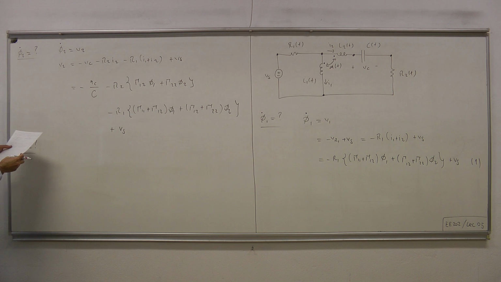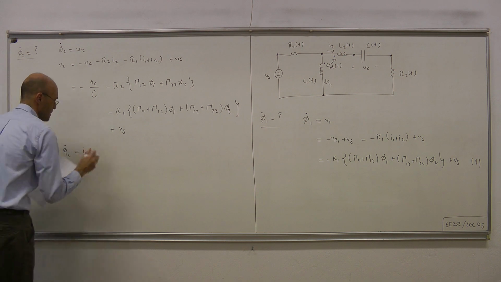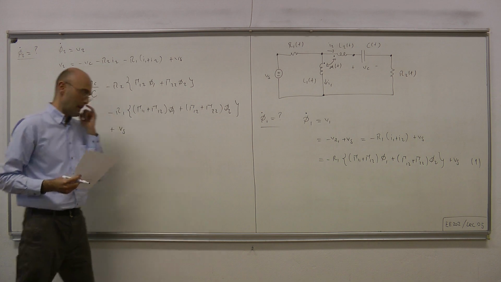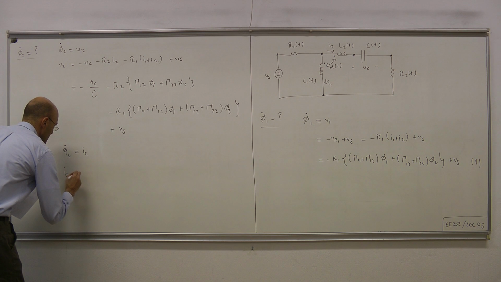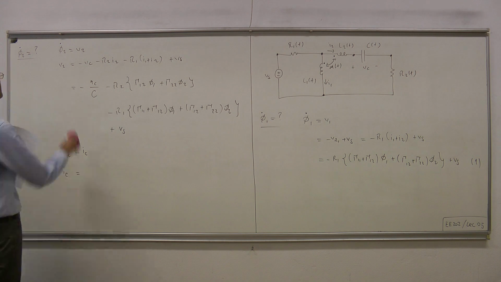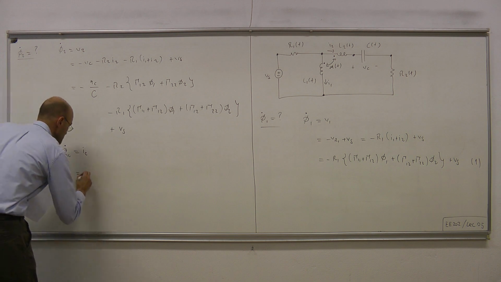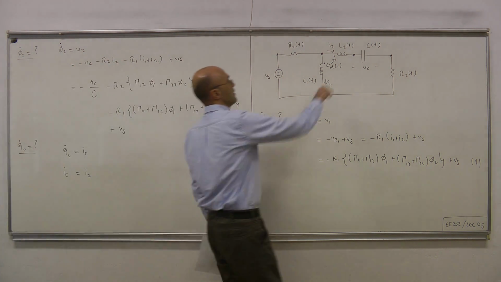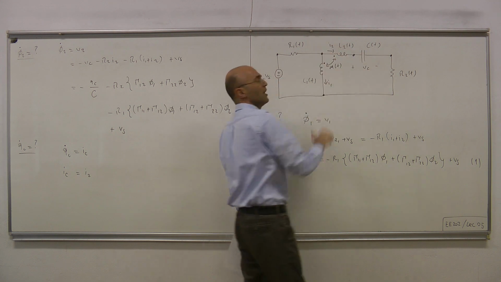What's QC dot? QC dot by definition is the current passing through the capacitor. Okay, IC. And IC equals... This is IC because that's the polarity of the capacitor voltage. Therefore, IC equals I2.